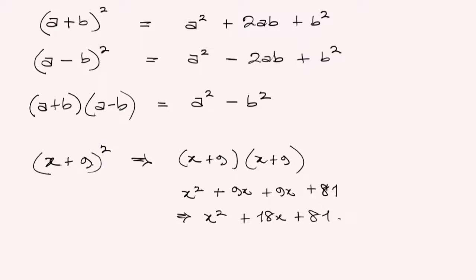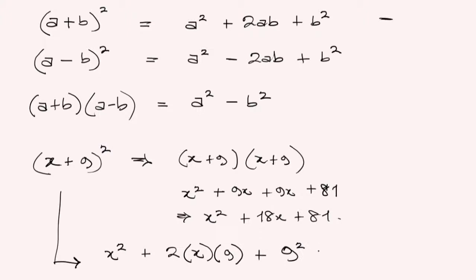Or we could just use the first expression here, and we know that a plus b all squared is equal to a squared plus 2ab plus b squared. So x is equal to a here, and 9 is equal to b here. So these we can write as a squared, which is x squared, plus 2ab, which is 2 times x times 9, plus 9 squared, which is b squared.